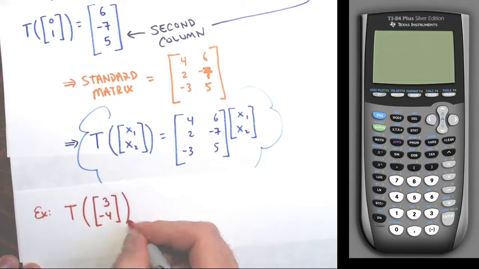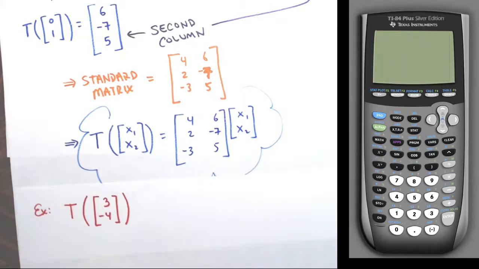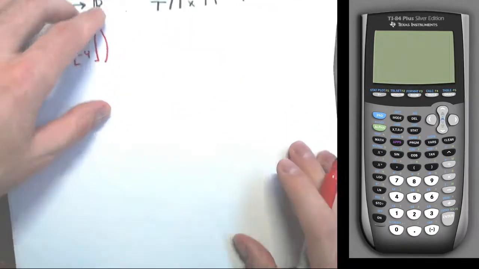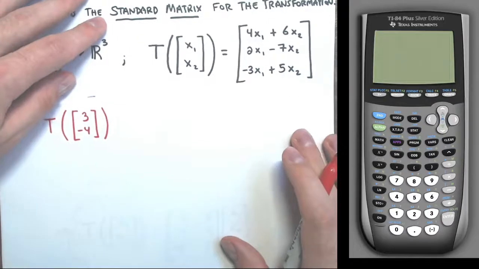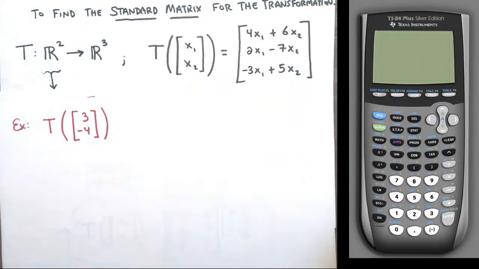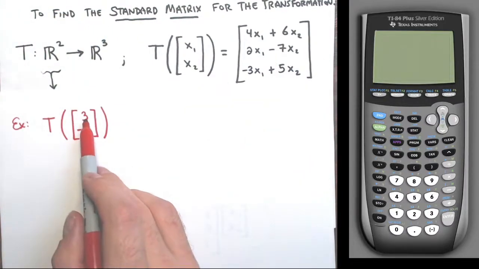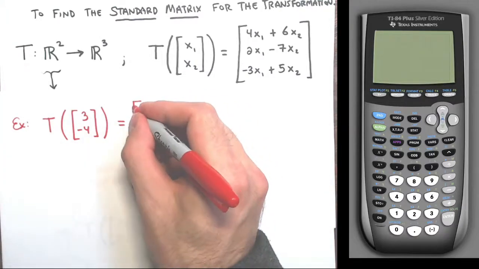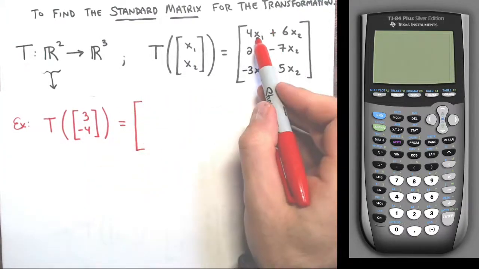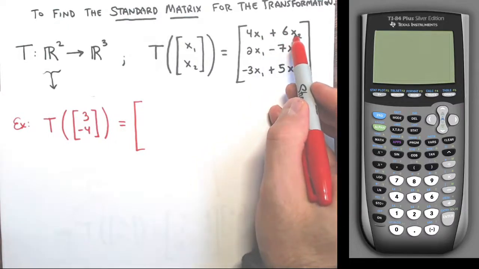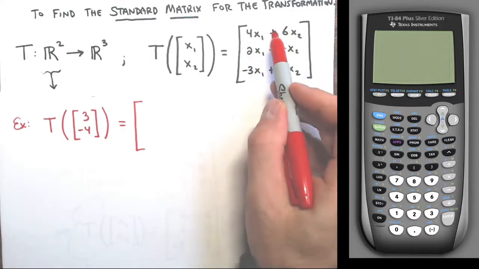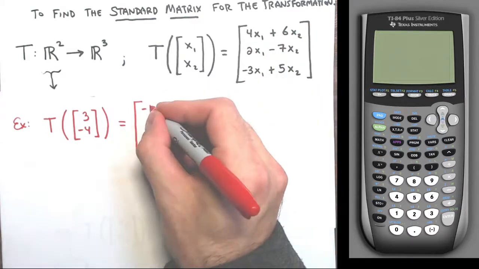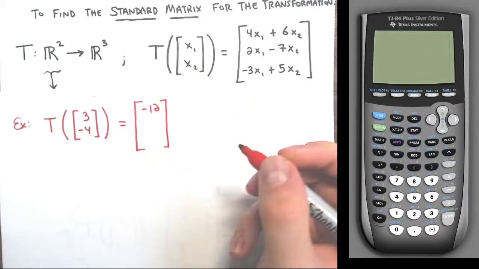So you could go back to the original way the output was described, the original rule here, and replace every x1 with 3 and every x2 with negative 4. So that'd be 4 times 3 is 12, and 6 times negative 4 is negative 24. So 12 plus negative 24 is negative 12 for the first component.